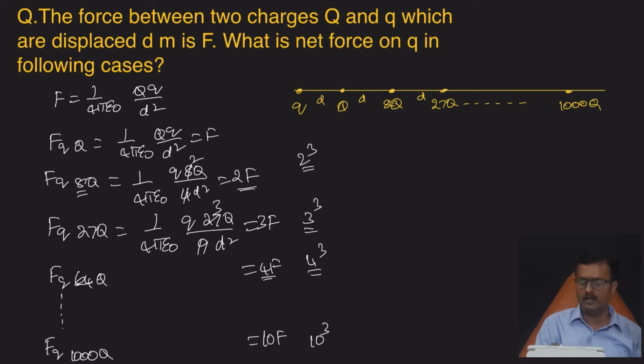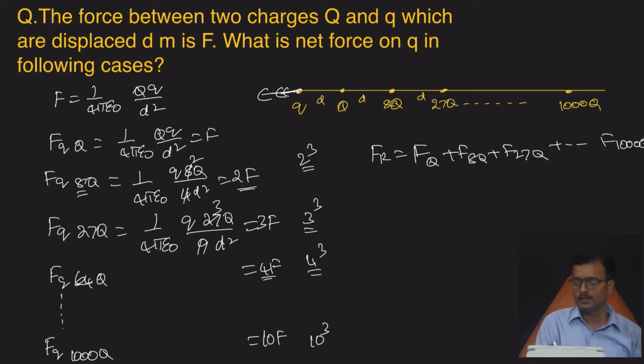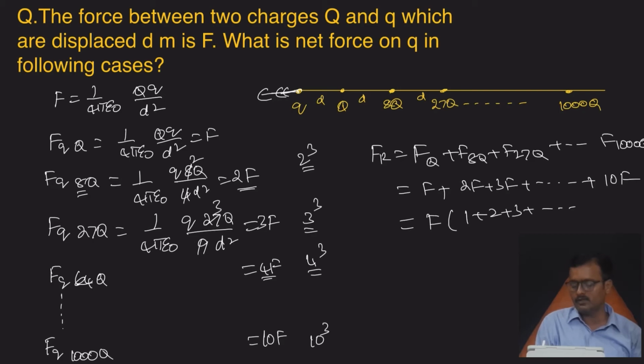Say all are positive charges. So q is repelled by all of them in this direction. So the resultant F is the sum of F from Q, F from 8Q, F from 27Q, and so on up to F from 1000Q. So the answer is F plus 2F plus 3F plus and so on plus 10F. F is common, so 1 plus 2 plus 3 plus and so on plus 10.